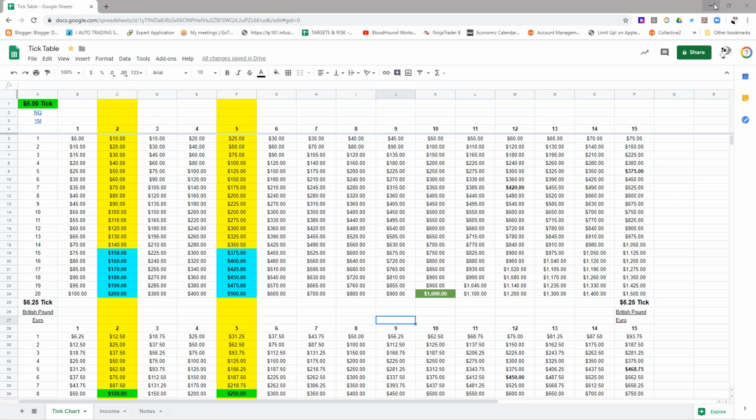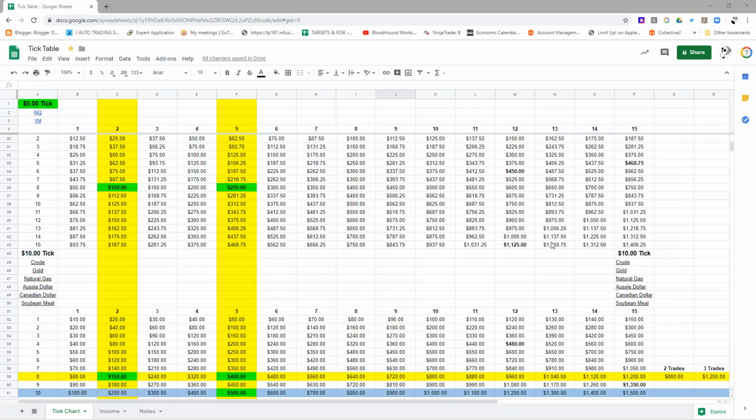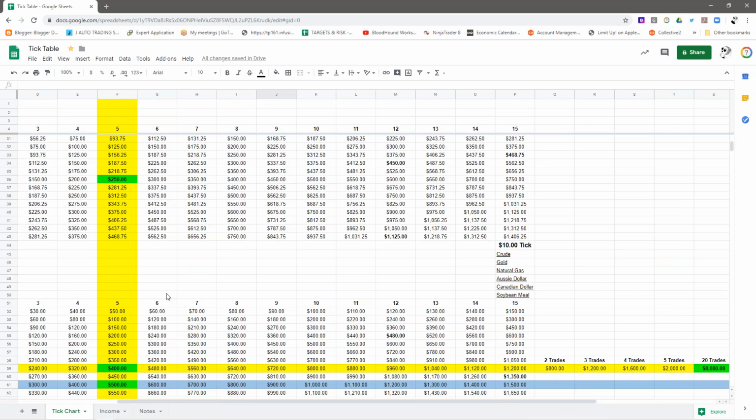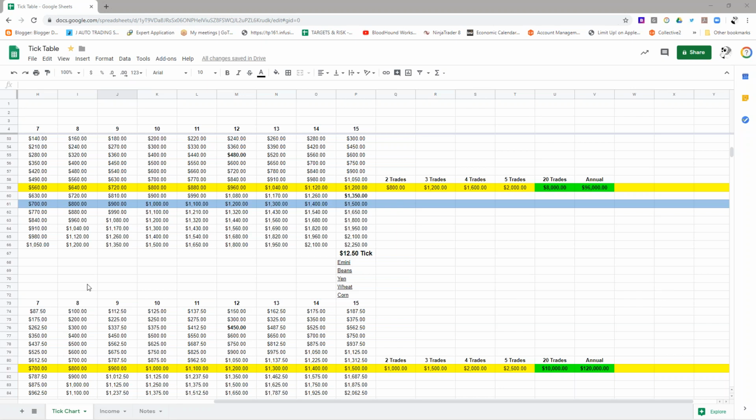So just keep in mind your tick tables and what you're always shooting for. Then take that out to a further level, to the nth degree, and understand for the instrument you're trading what the goal is per trade.